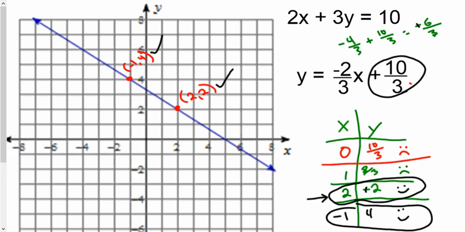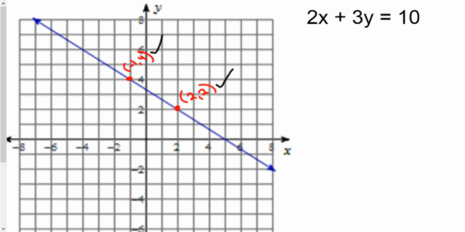But let's try one other way. The other way would be if we just took a look at the standard form equation and we used guess and check with that. So if we plugged in 0 for x, what we have is an equation where we can solve for y, and that would let you set up your xy table again.